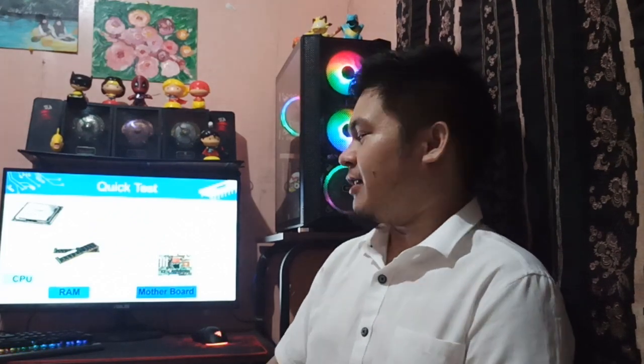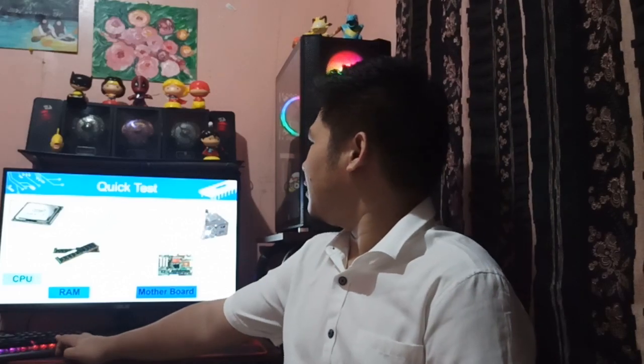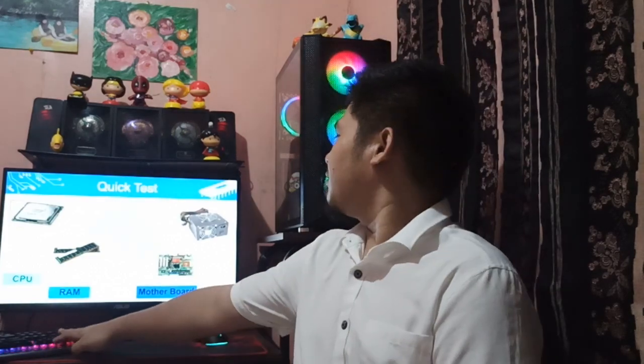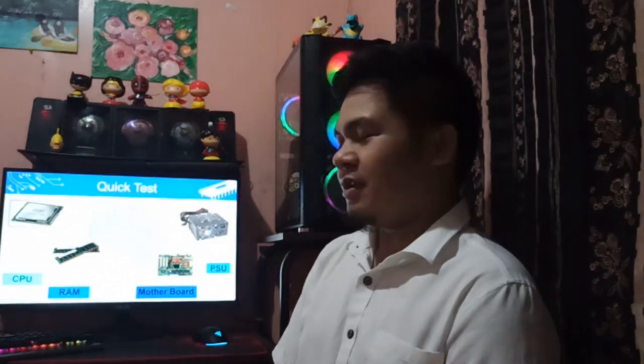Correct. For the last one, what is this? Mr. D. Power supply, or a PSU. Correct. I think this is just easy.